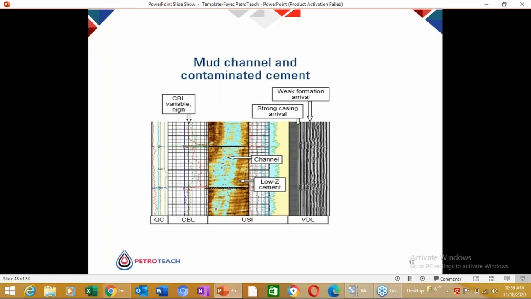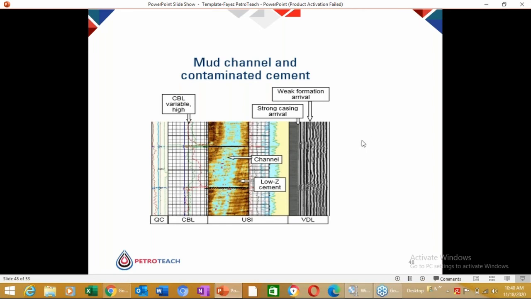Another thing here: see this one, this is a channel in the cement, and here is good cement. If you have one like that, we have to consider a remedial job, which we call a squeeze cementing job.